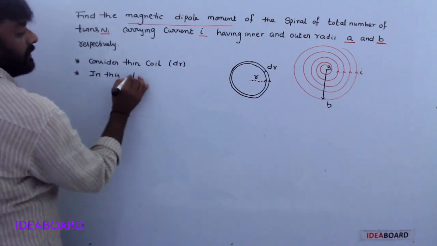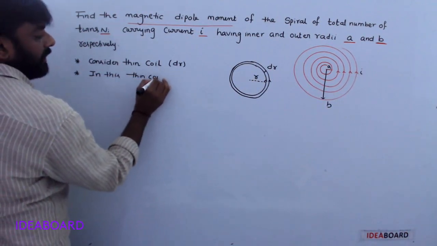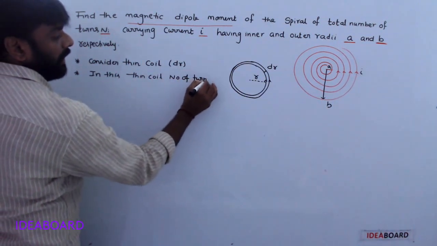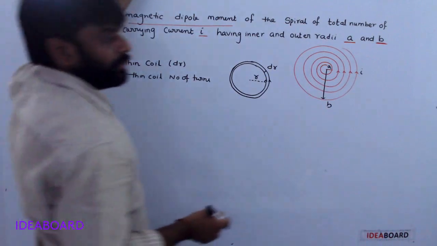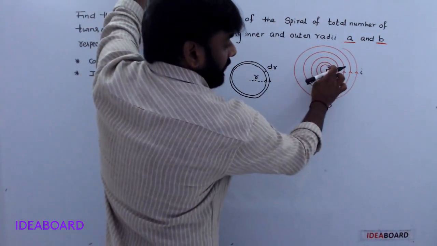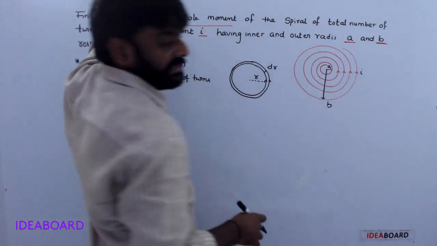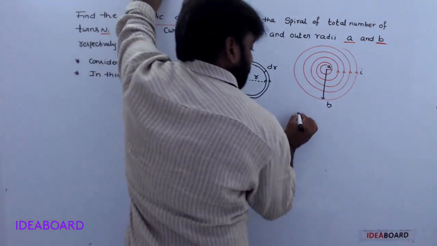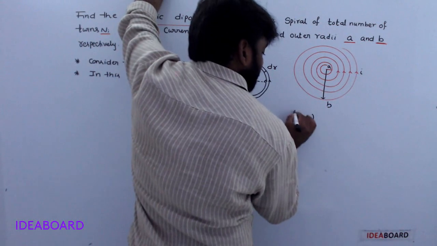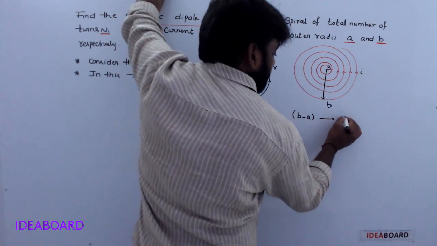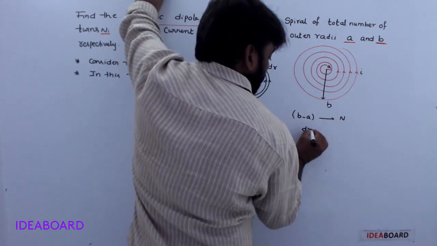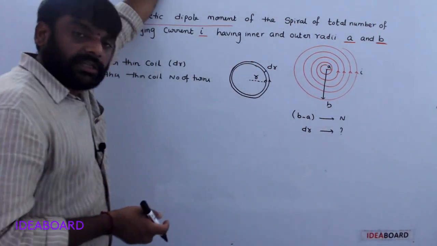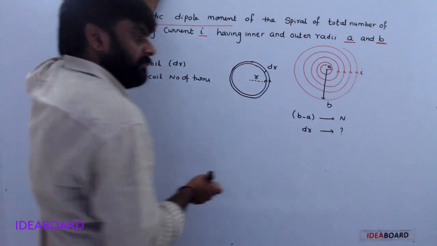Because the inner radius is A and the outer radius is B, in B minus A thickness the number of turns is N. Right now our thickness is dr. How many turns are there? You know this problem.